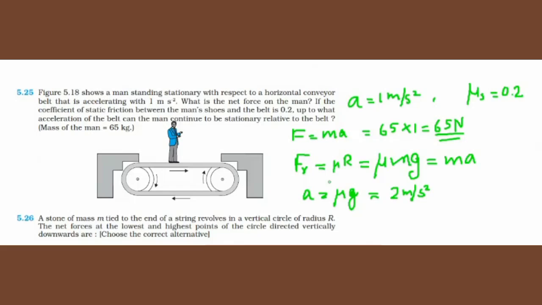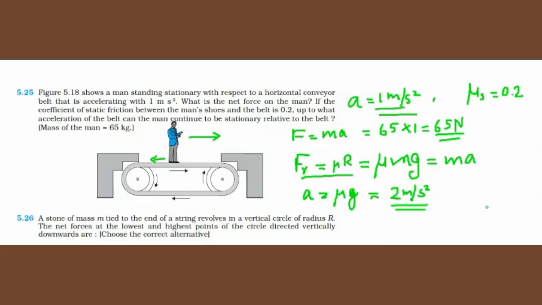That means the frictional force can give him an acceleration of around 2 meter per second square. When the belt is accelerating in one direction, friction is acting in the opposite direction. And in the opposite direction, friction is capable of giving 2 meter per second square acceleration. And his current acceleration is in the forward direction, only 1 meter per second square.